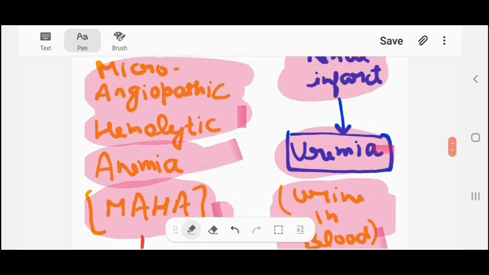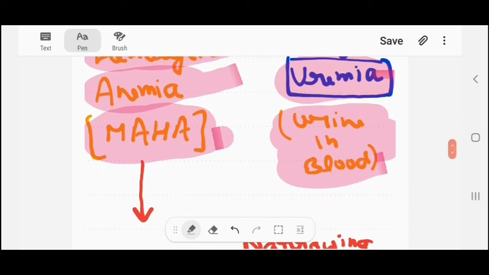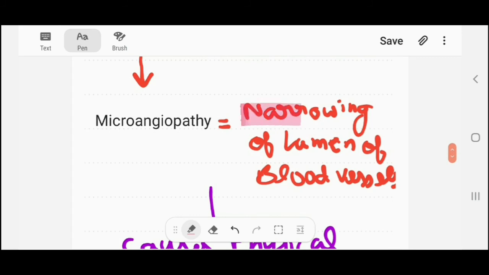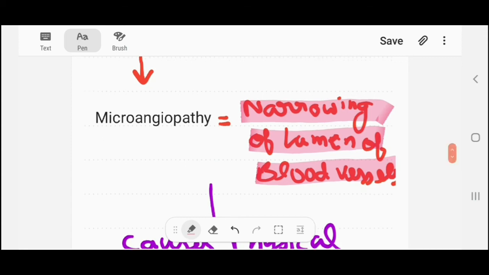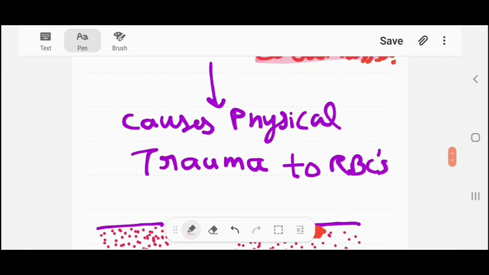MAHA, microangiopathic hemolytic anemia. So guys, what is microangiopathy? Microangiopathy means narrowing of the lumen of blood vessels. As there is thrombus formation, there will be narrowing of the lumen of the blood vessels, so it will cause physical trauma to the RBCs.